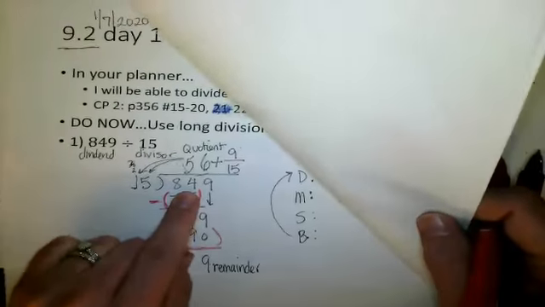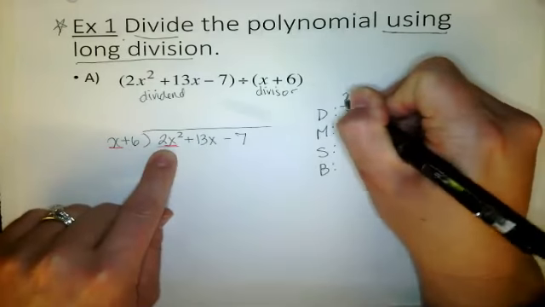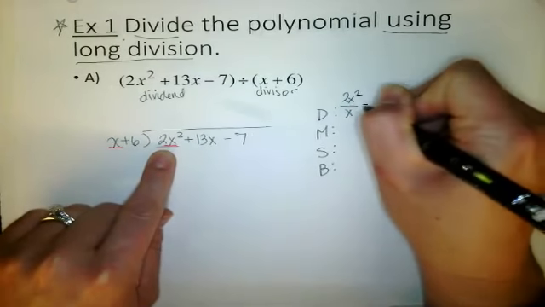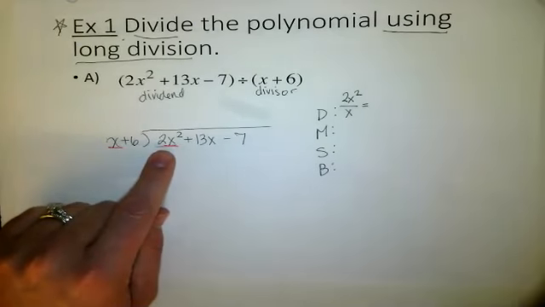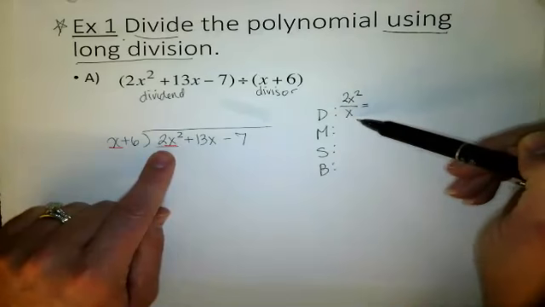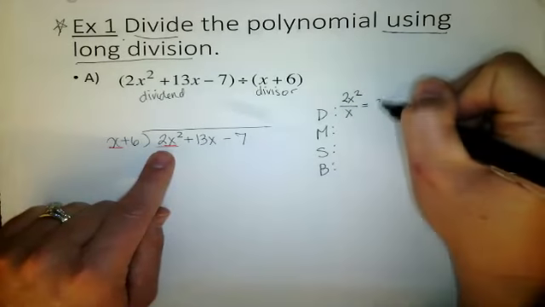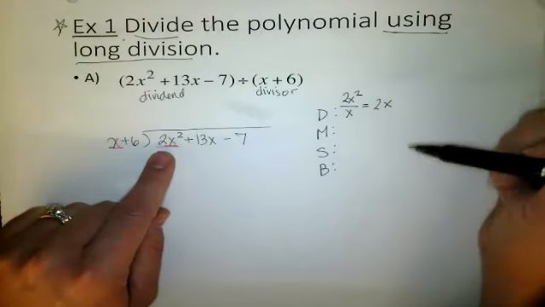We look at just the beginning pieces. So I want to know how many times does x go into 2x squared? So we approximate the polynomials by just looking at their leading terms. How does 2x squared divided by x clean up? 2x. Very good. What do I do with this 2x?